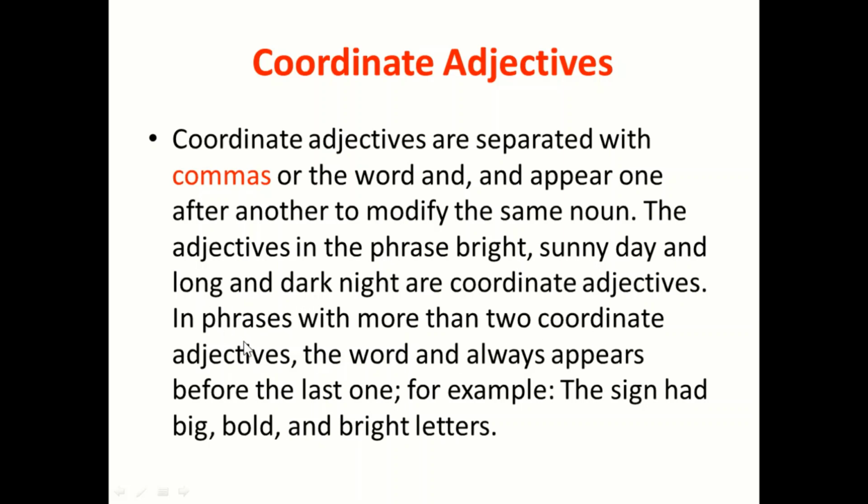In phrases with more than two coordinate adjectives, the word and always appears before the last one. We know how to use conjunctions. So the rule is when you have three words in a series, you have to use a comma between the first two and you have to use and before the last one.